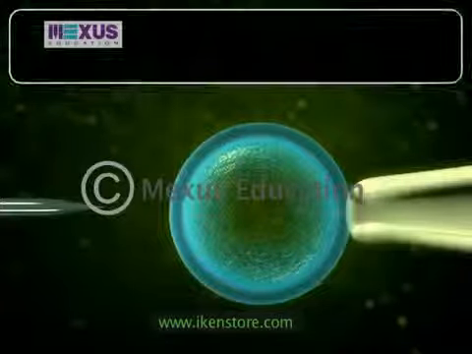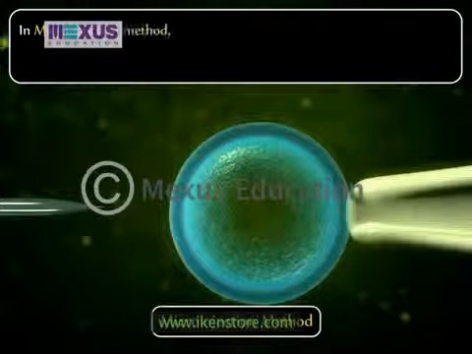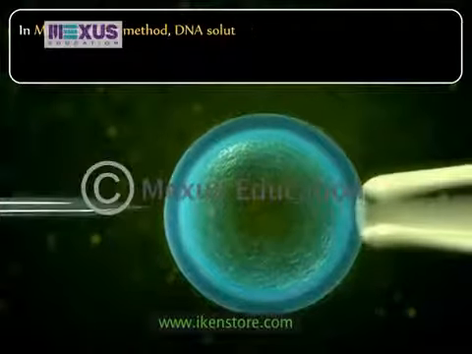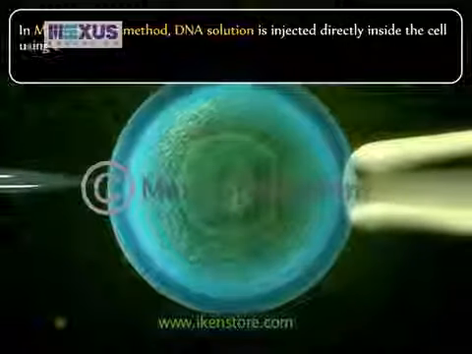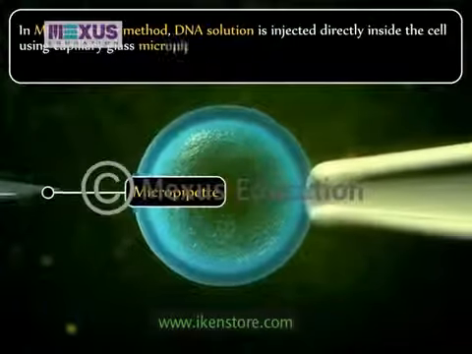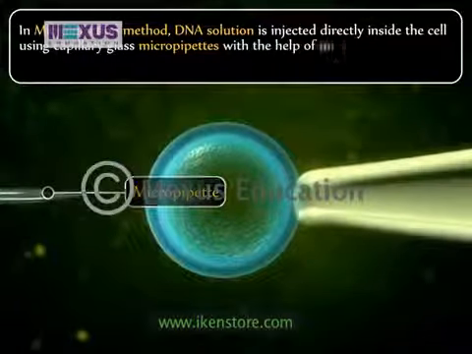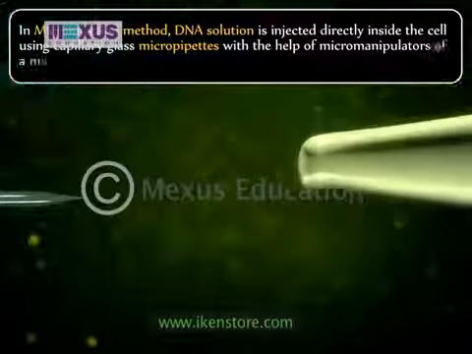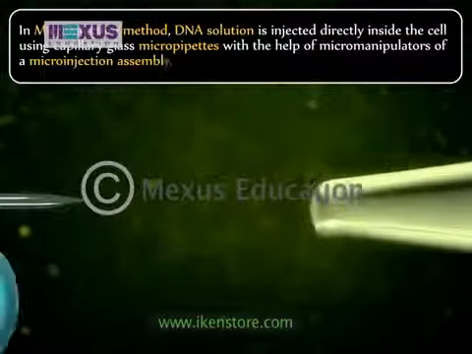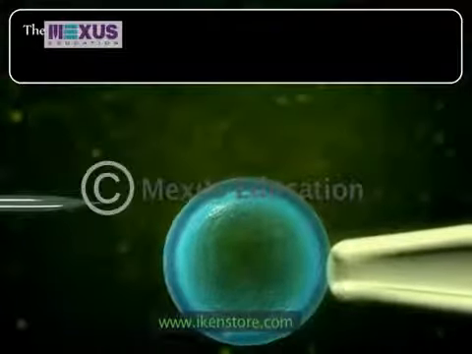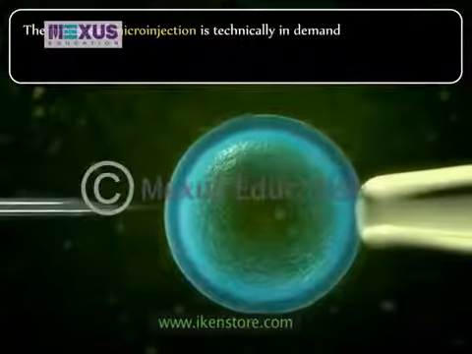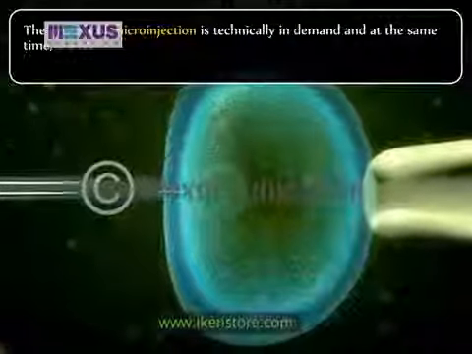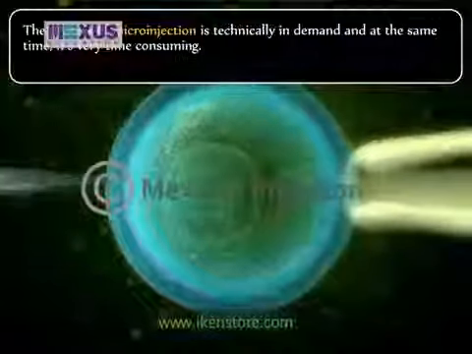The fifth method is called microinjection, in which the DNA solution is injected directly inside the cell using capillary glass micropipettes with the help of micromanipulators of a microinjection assembly. The process of microinjection is technically demanding and at the same time it's very time consuming.